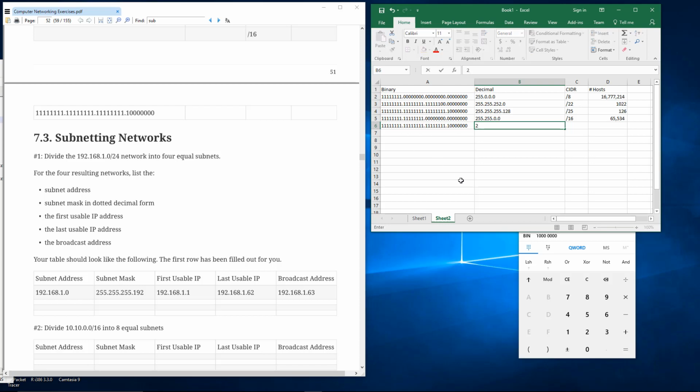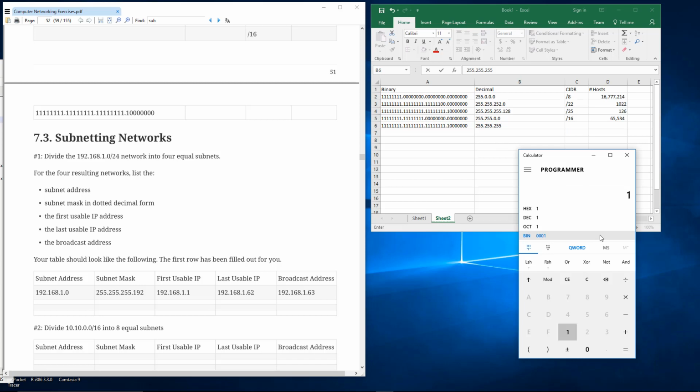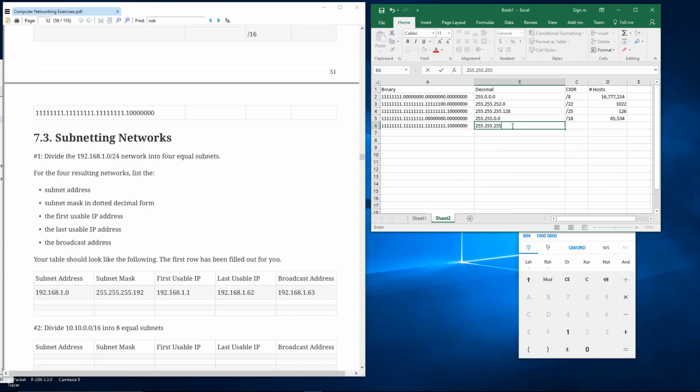But we know 255.255.255, because those first 3 octets are all ones, we know that's 255. But then what is 1, 0, 0, 0, 0, 0, 0, 0? Decimal is 128. What would our CIDR notation here be?